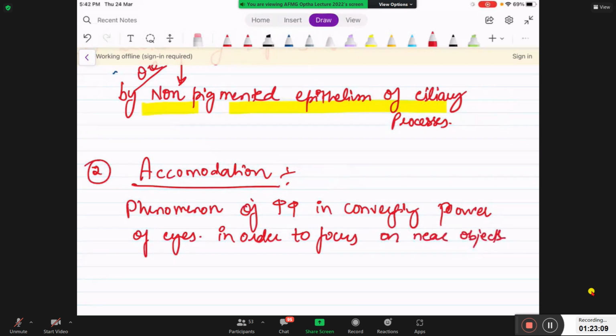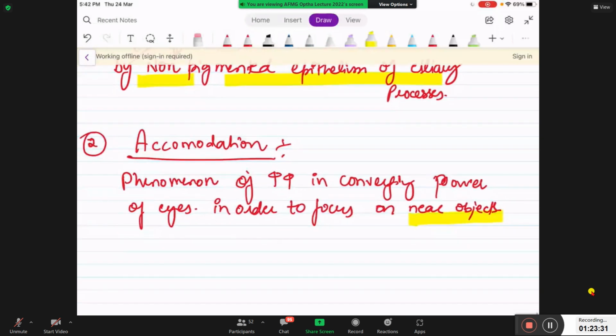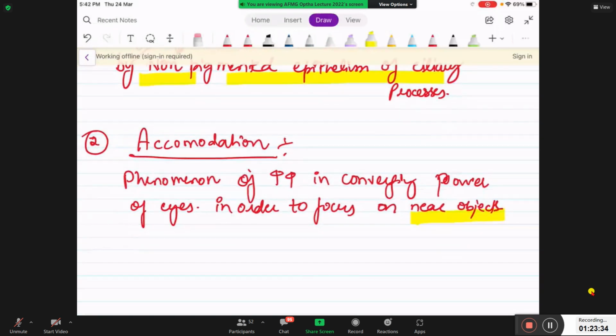So the key point here is near object, because accommodation comes into action only for near objects. It doesn't come into action when you are focusing on far objects. It plays a role only when you are focusing on a near object, that means only for near vision. Clear?